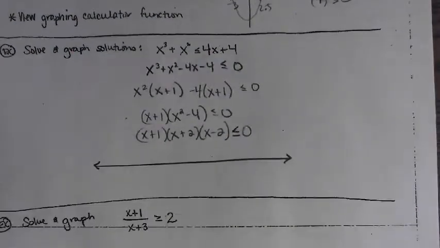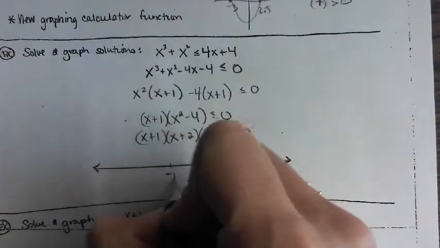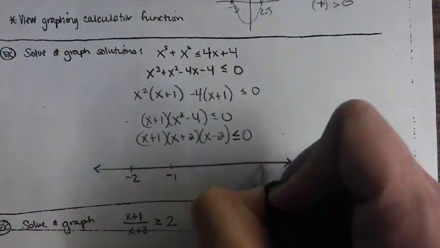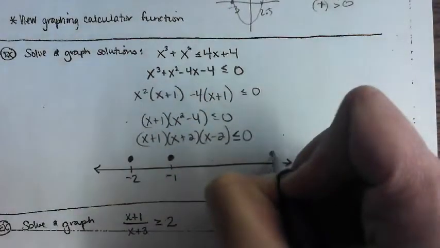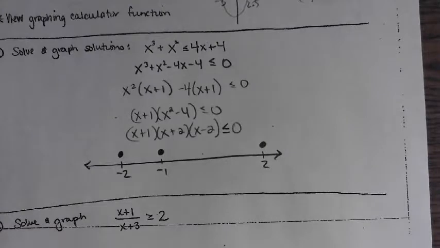Yes, these are, because we have the or equal to symbol. So -1, -2, and +2 all will get closed circles. And again, we can now do the number line test. 3 roots is going to give us 4 different sections to test.